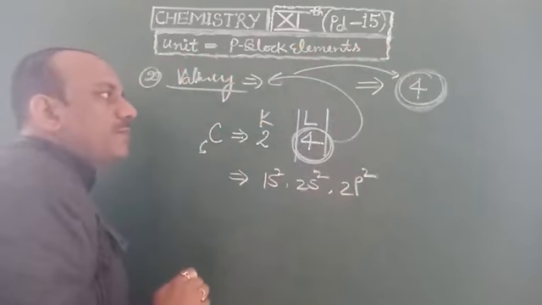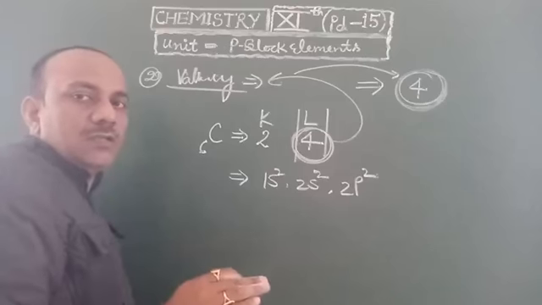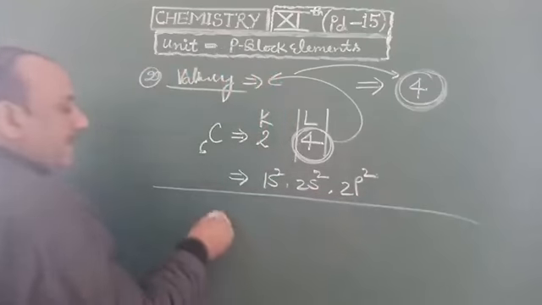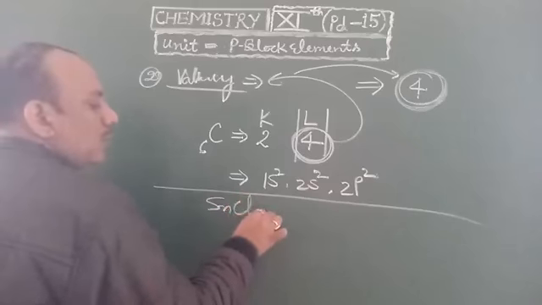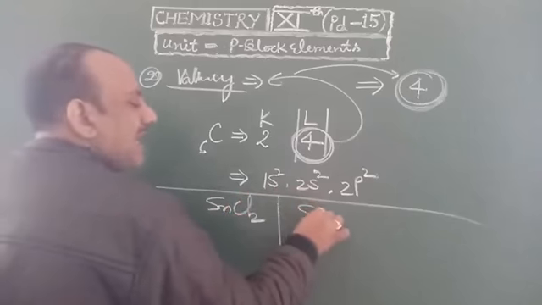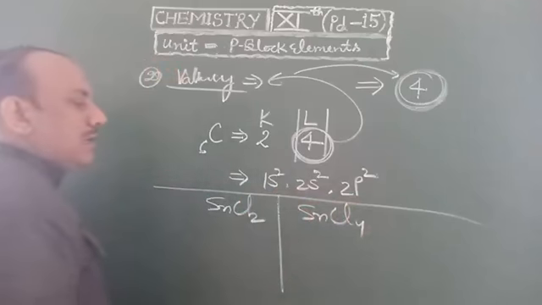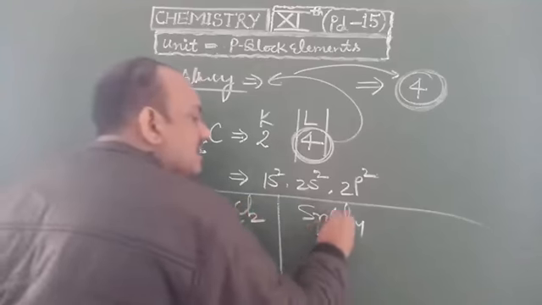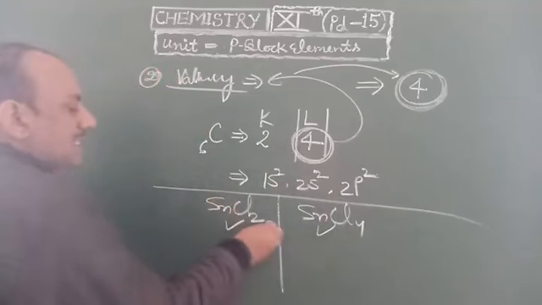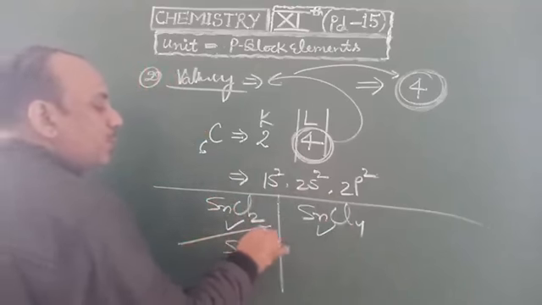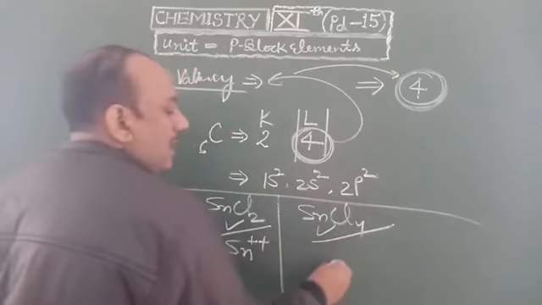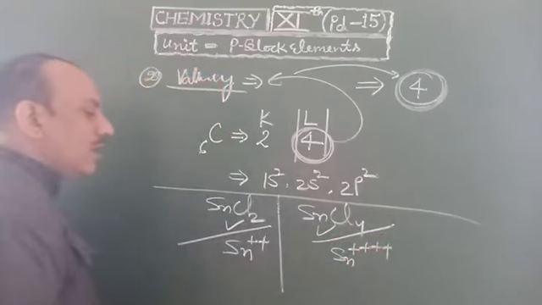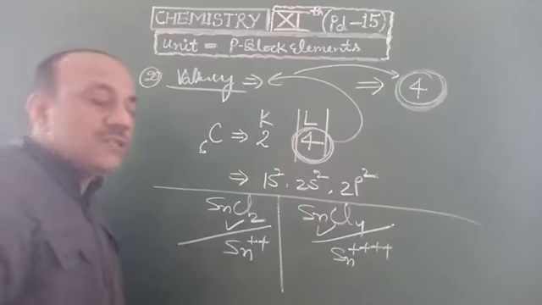But in this group, tin shows a different valency in its compounds. For example, SnCl2 and SnCl4 make two compounds: this one is a dichloride and this one is a tetrachloride. Here Sn gives its ion Sn2+ and here Sn gives its ion Sn4+.